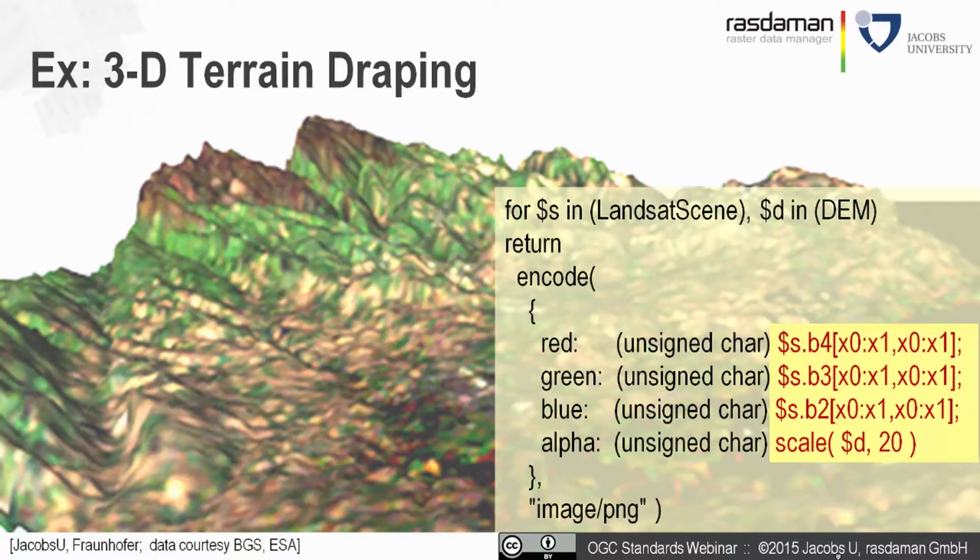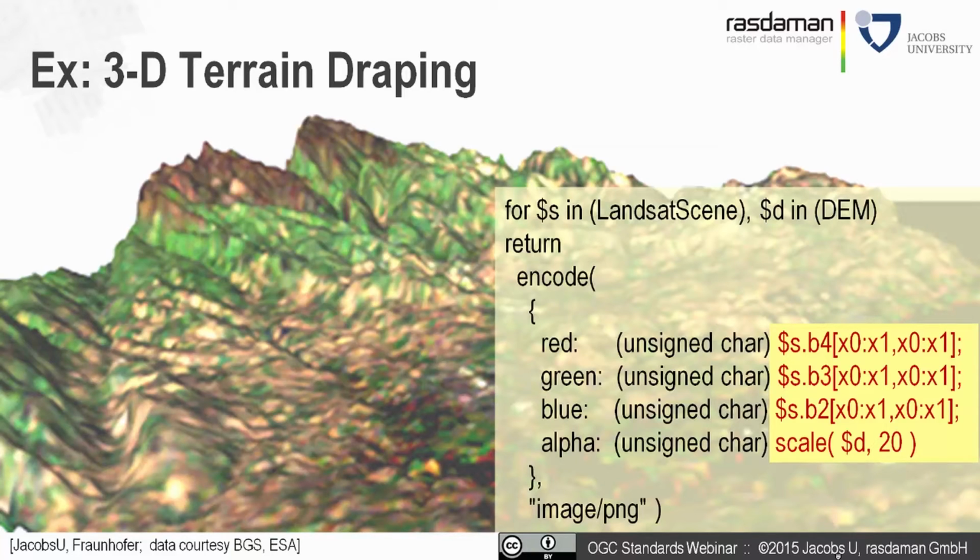Fine, we said. This we can write as a WCPS query. And so we established something that looks into a Landsat scene and into a DEM and combines both by putting any kind of bands into the red, green and blue channel. So here, for example, band 4, band 3, band 2. We also do some subsetting to get out some values, which is symbolized here.